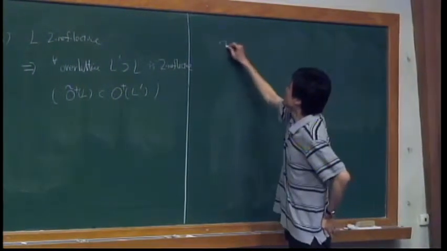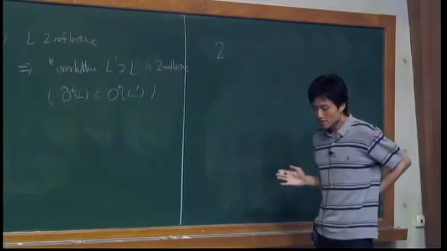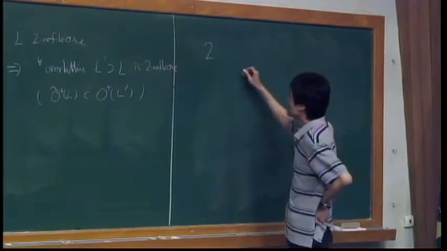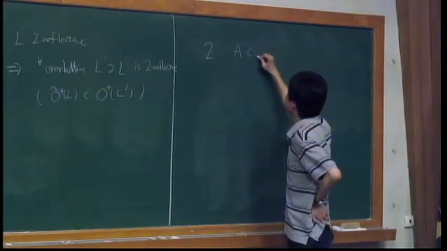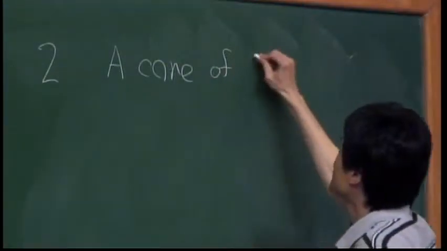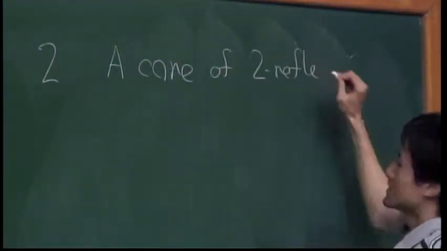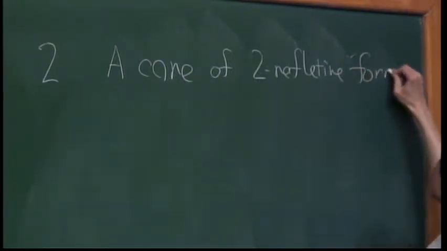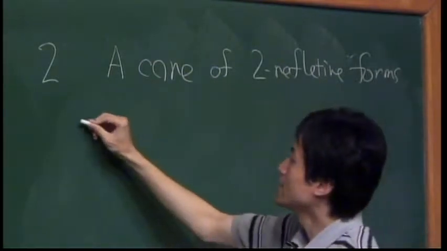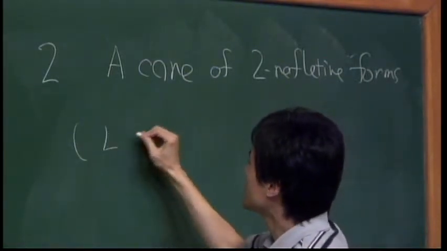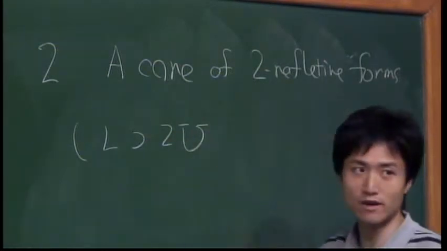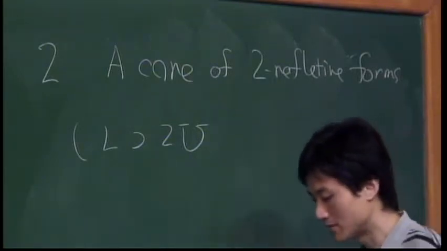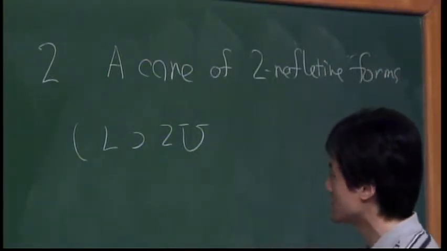Okay, so now the basic object in the study of 2-reflective forms, I think, will be a cone of 2-reflective forms, which I'm going to explain now. I assume here that L contains two hyperbolic planes, which of course applies to maximal lattices in dimension larger than 6 or 7.